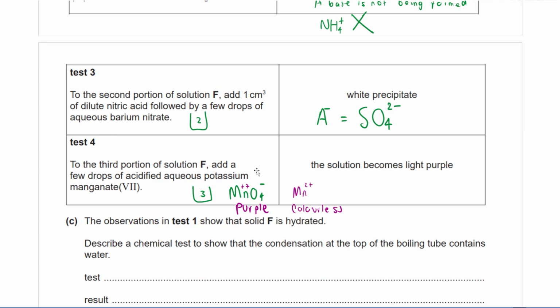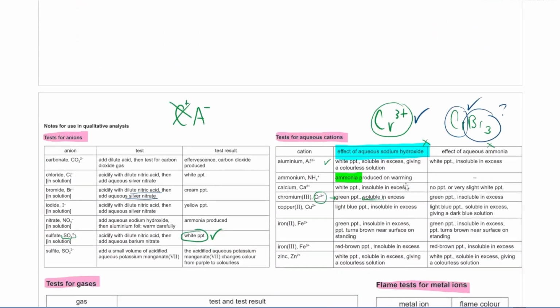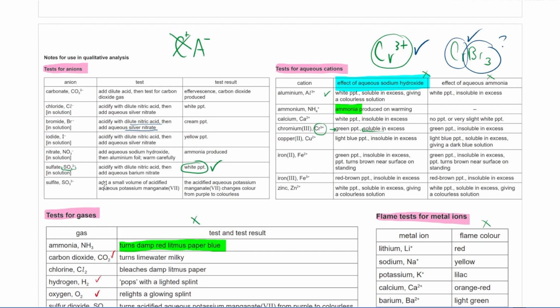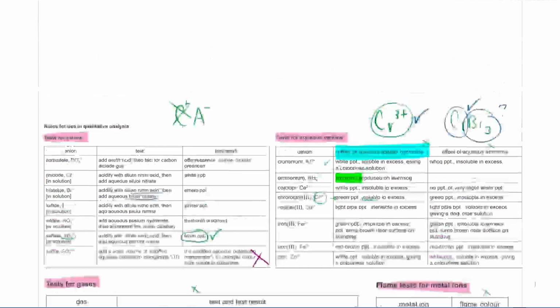So let's go back to the table and look for this. When we add a small amount of aqueous potassium manganate and the solution turns from purple to colorless, then we have sulfite. But it says that the solution stays purple, not colorless. So we have negative for sulfite.